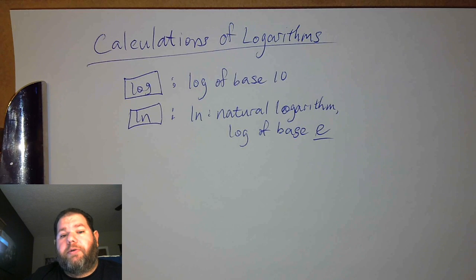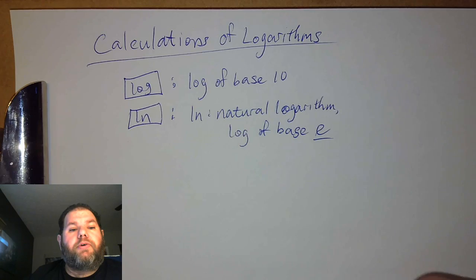Now you'll remember we talked about e last time. That's our natural exponential, so our natural logarithm is based on our natural exponential. If it says log x, then that'll be log of base 10, but that is an important point.